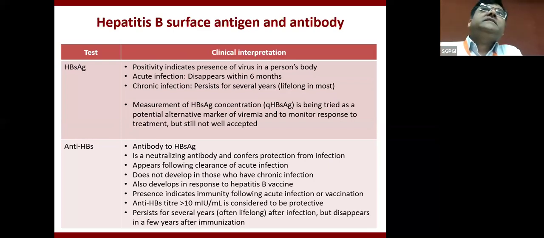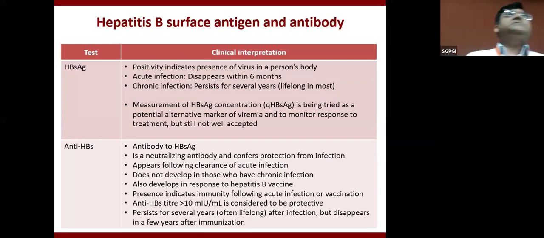And considering the high quantity of this surface antigen, because postgraduates are here, I have added this line that quantitative HBsAg was also used sometimes. It was a fancy test a few years ago, but it is not of much clinical use. In a few patients, it may be useful when we are treating them with pegylated interferon.